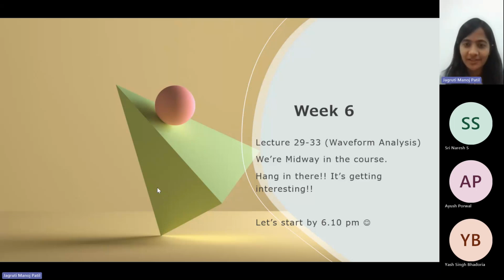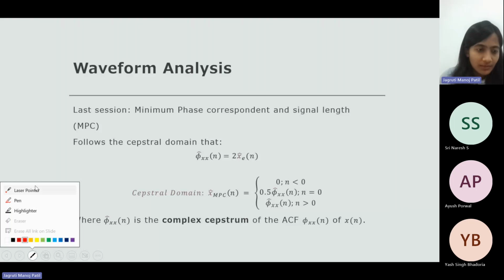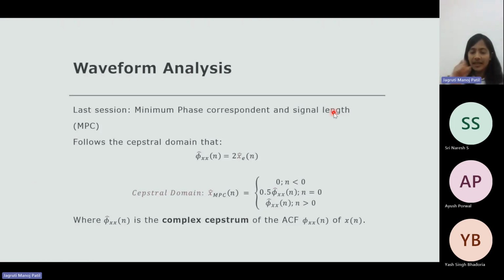So we'll start today. In the last session, we saw how minimum phase corresponding signals and their signal length varied. We also saw what a cepstral signal was and how it varied. Now here we see that the autocorrelation of this signal, represented by phi of x of n, of the x of n signal, has a component that is twice the even component of the signal x of n itself.